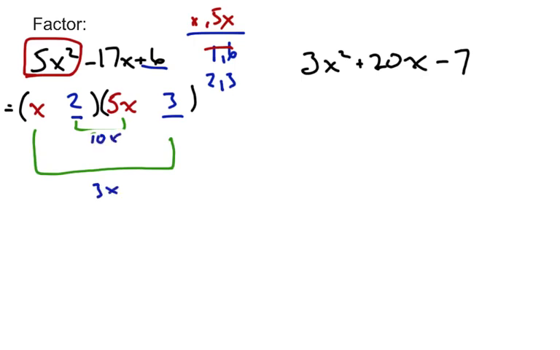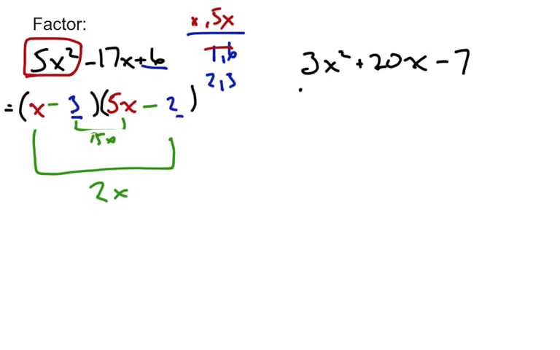That doesn't make 17. So, switch them around. 3 and 2. Now when we look, we'll get 2x on the outside, 15x on the inside. That does make negative 17 if they're both negative. So there's our factors, x minus 3 and 5x minus 2.